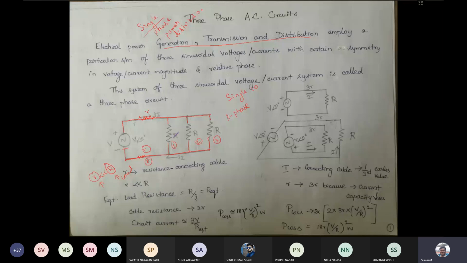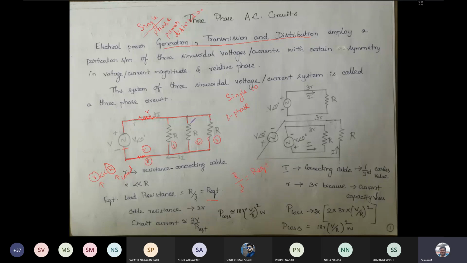Since the load resistance is R and it is the same for all three loads, the equivalent resistance is R by 3. If the elements are in parallel and all have the same resistance, then the resistance is divided by n, the number of loads. Here n is 3, so R divided by 3 is the equivalent resistance.